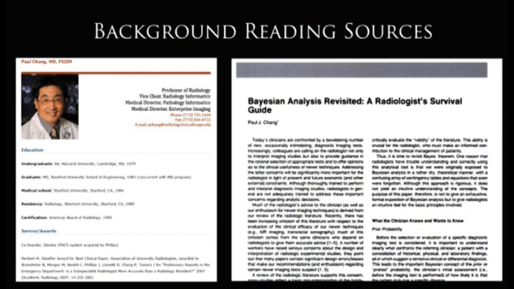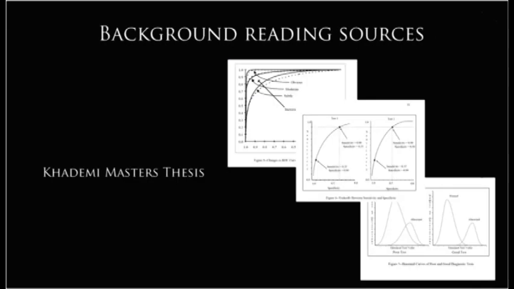Two papers that are basically all you really need to read as far as what I'm going to talk about today, because my talk basically comes from these two papers. Paul Chang's paper on a radiologist survival guide, and John Cotomy's master's thesis really applies this to dentistry. Both of these papers really give a very good summary of the things that I'm going to be talking to you about today.